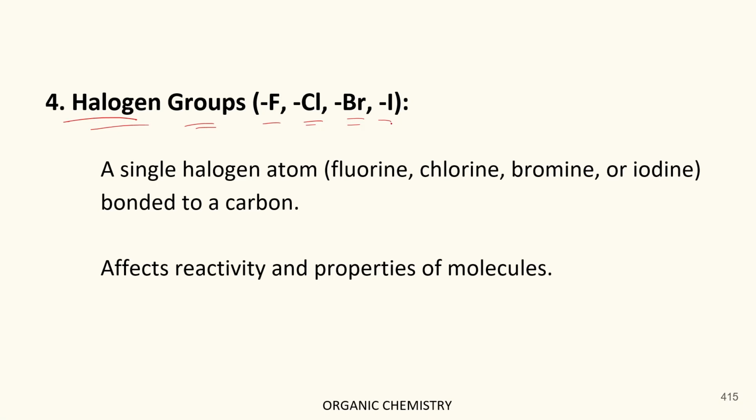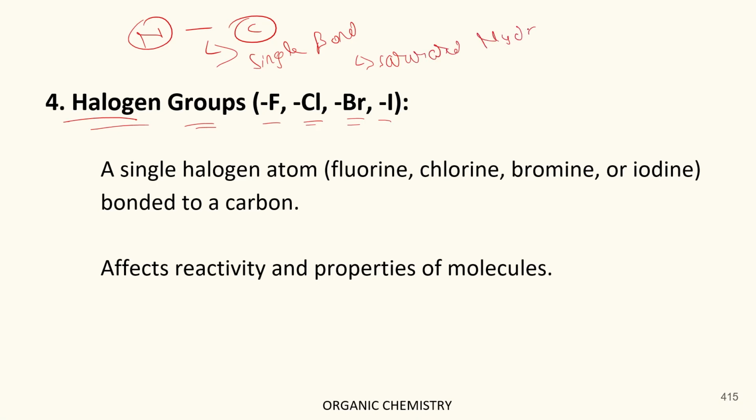Then the fourth one is the halogen group, represented by these symbols. You can write down these symbols. Single halogen atoms, fluorine, chlorine, bromine or iodine, bonded to a carbon. Because it is a single bond, it will have only saturated hydrocarbon.